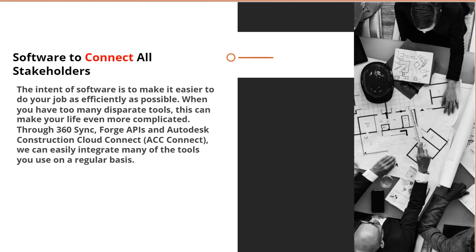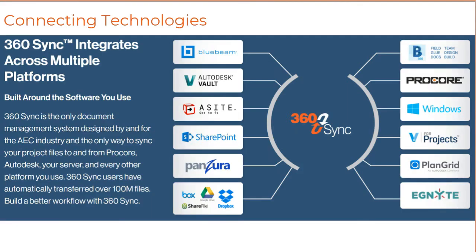The first, and this is a little bit of a plug for us, is 360 Sync. This is a tool that about 6 years now, Applied Software created with the intent to make it so that everyone on the project site, regardless of what system they were using, had access to the same information.